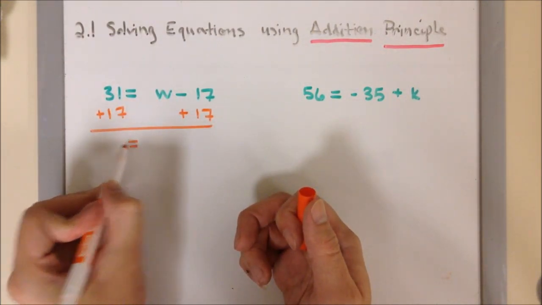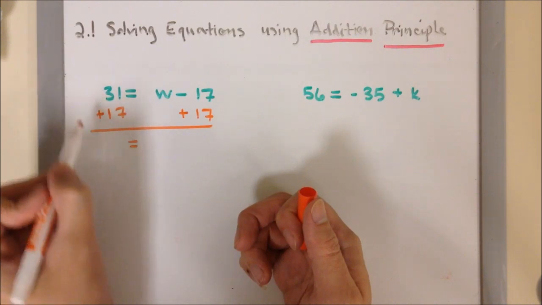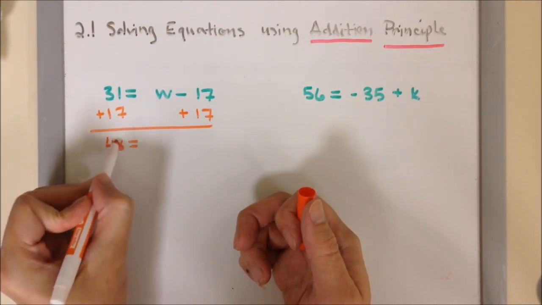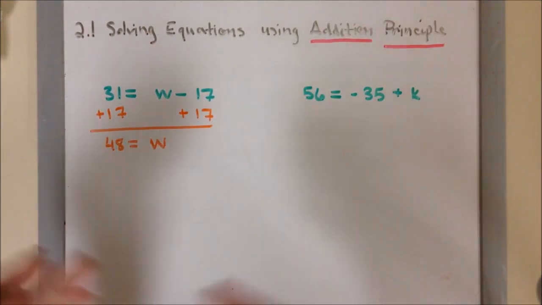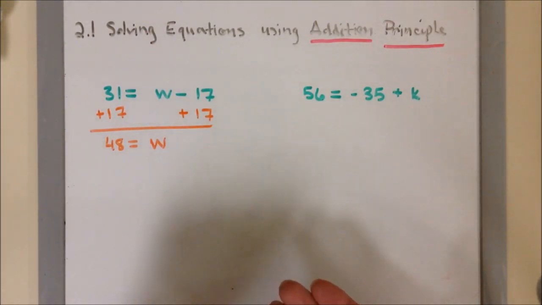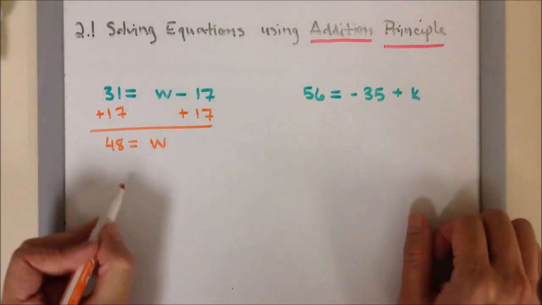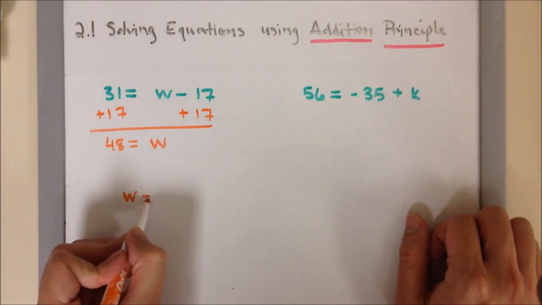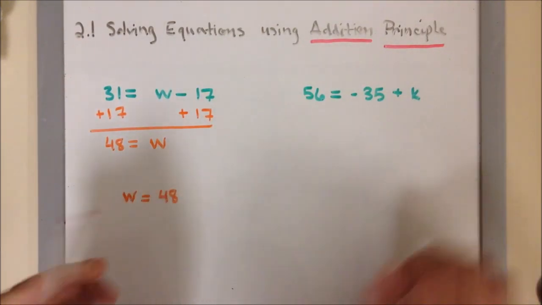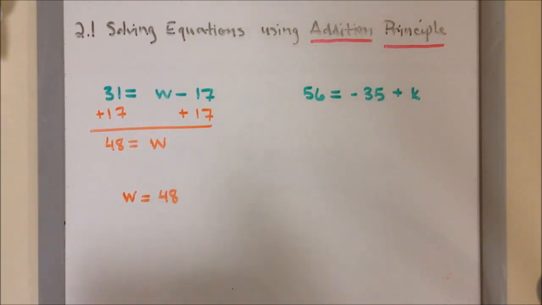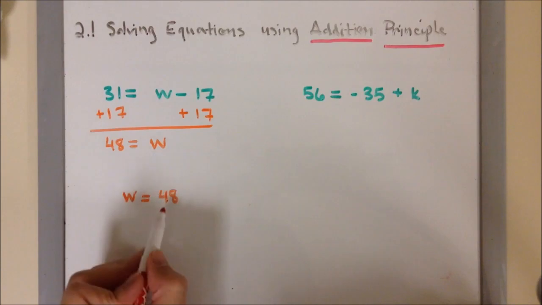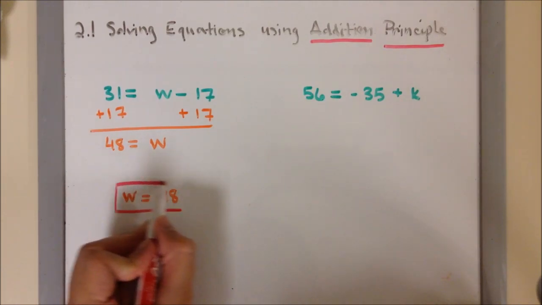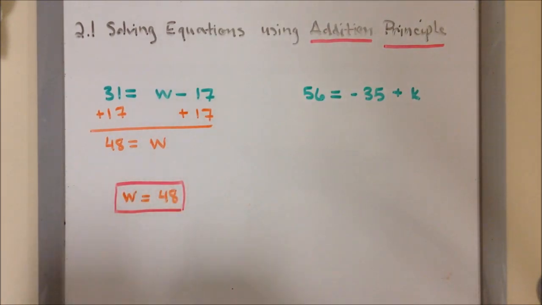So this will become 48 equals w. Even though that w is on the right side, that's okay. We're just going to flip it. w equals 48. It might look different, but it's nothing new, nothing unusual about it. Just flip it, and that's your final answer. w equals 48.